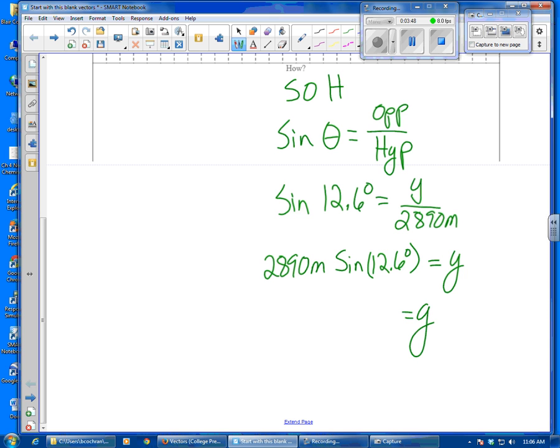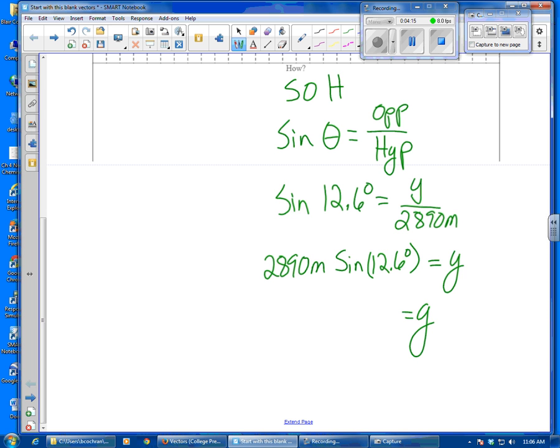And now I grab my handy-dandy calculator. What do I have to make sure is true about my calculator before I do this? That it's in degree notation, so that'll do it every time, because I'll tell you, 12.6 radians is like twice around the circle.